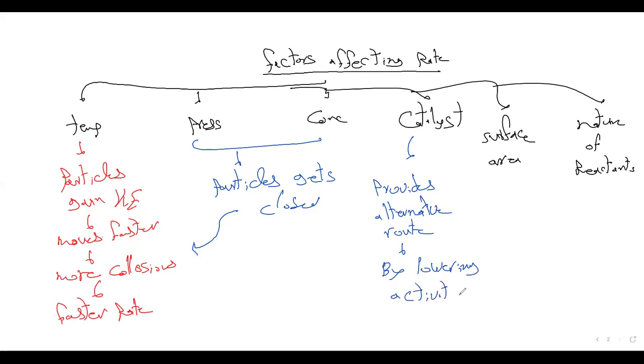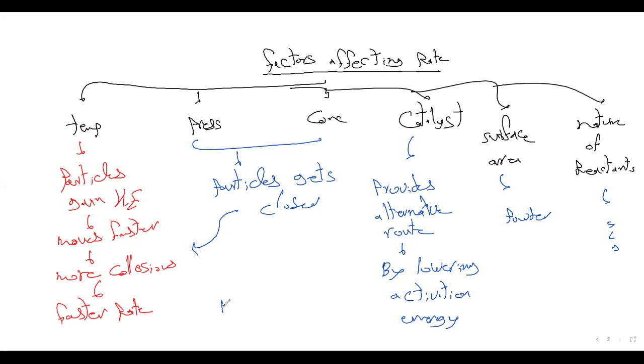So the catalyst lowers the activation energy, the amount of energy needed to start the reaction. And surface area, by increasing surface area, to be powdered instead of blocks or sheets, gives more surface area. And nature of reactants depends on whether we have solid, liquid, or gas, the states.